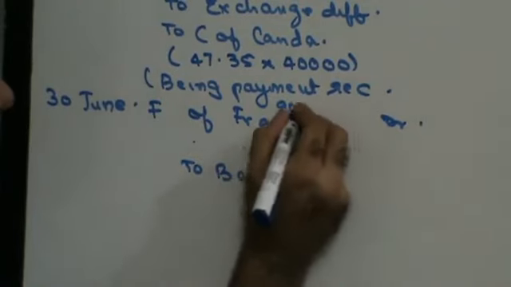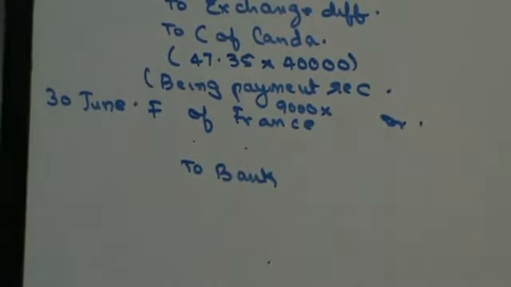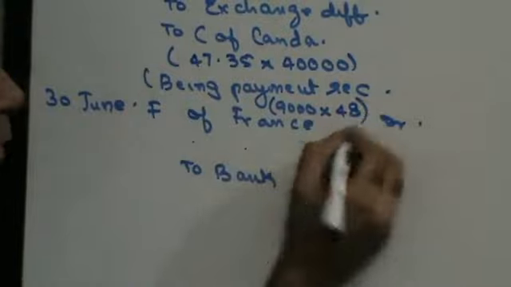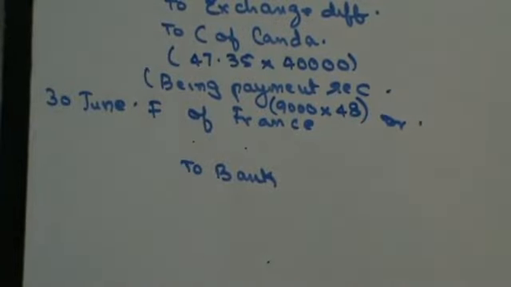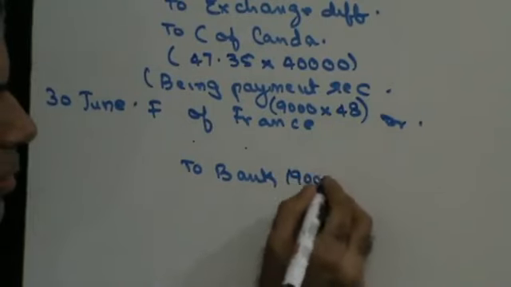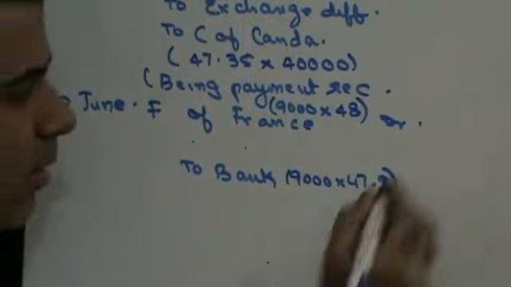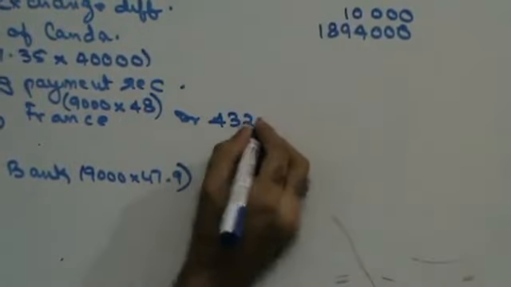I'm paying $9,000. On the date of import, the dollar rate was 48. That is the date on which I imported goods from F of France. On the date of payment, the dollar rate is 47.9. 9,000 into 47.9. This is how much? 4,32,000.